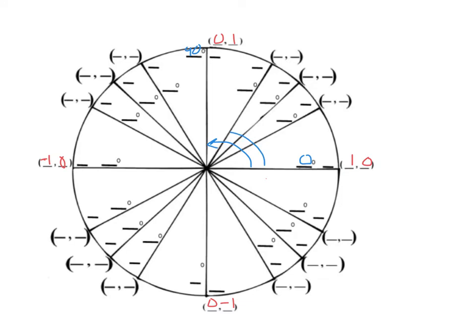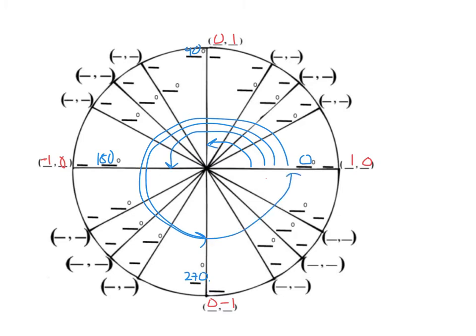If I go all the way around right here, that's 180 degrees. And if I go further around, that's 180 plus 90, which is 270 degrees. And then if I go all the way around, back to where I started, that's 360 degrees. I don't have a space for that, but it's important to know. So those are the first ones.